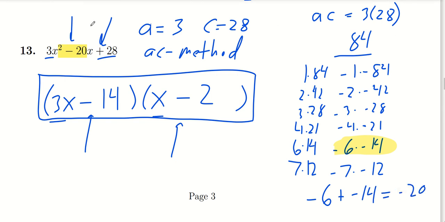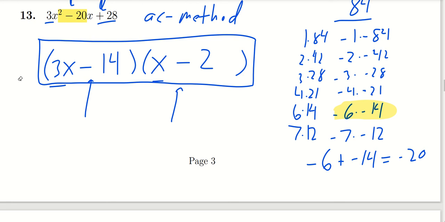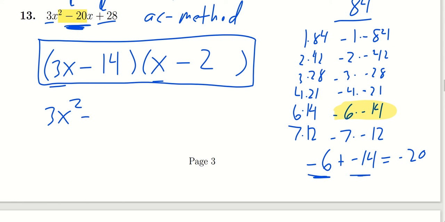So what we're going to do is we take this trinomial and we're going to split it apart. I have a 3x squared here, but in place of negative 20x, I'm going to break it apart into a negative 6x and a negative 14x. By splitting it apart, by using these two numbers, I've now created a situation where I have 1, 2, 3, 4 terms, which is going to allow us to do a factor by grouping.